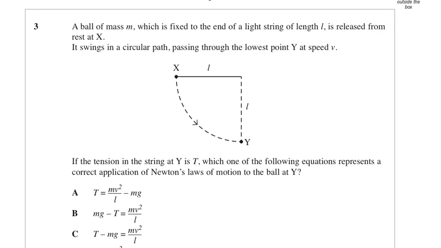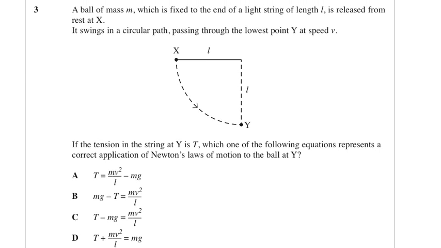A ball of mass m, which is fixed to the end of a light string of length L, is released from rest at X. It swings in a circular path, passing through the lowest point Y at speed v. If the tension in the string at Y is T, which one of the following equations represents a correct application of Newton's laws to the motion of the ball at Y?